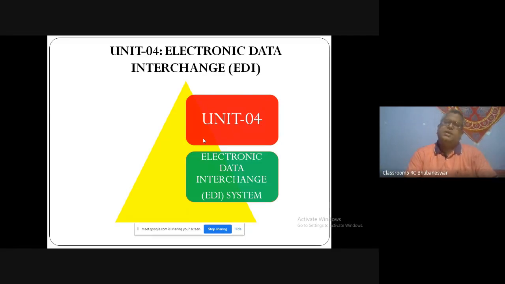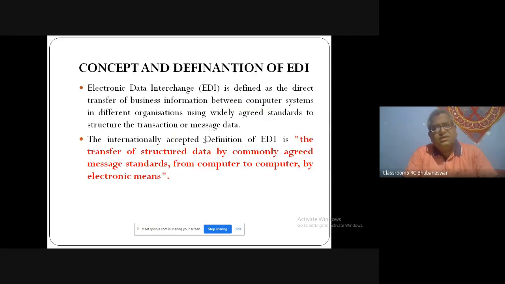My dear students, in unit 4, the topic is electronic data interchange, EDI. What is EDI? Everybody knows EDI. It means that electronically you can transfer or change your business information, or get back some of the information.